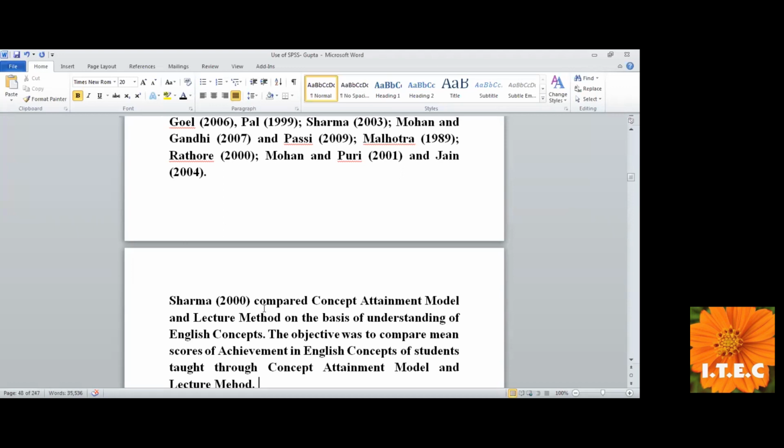That is why the word is related. So I should not write anything here which is not related. Now I should write the hypothesis.